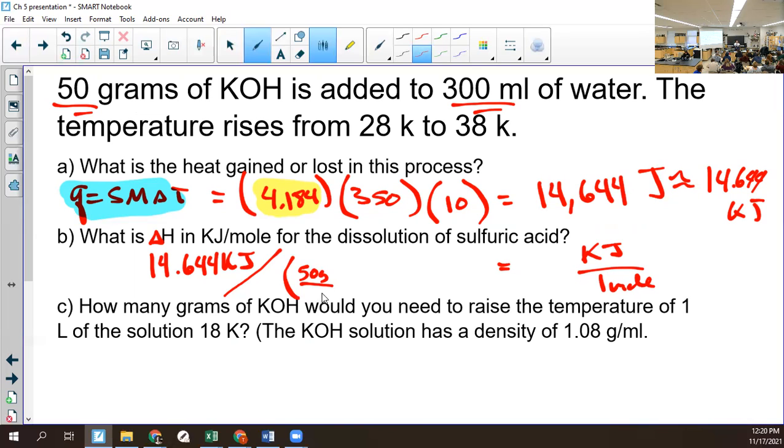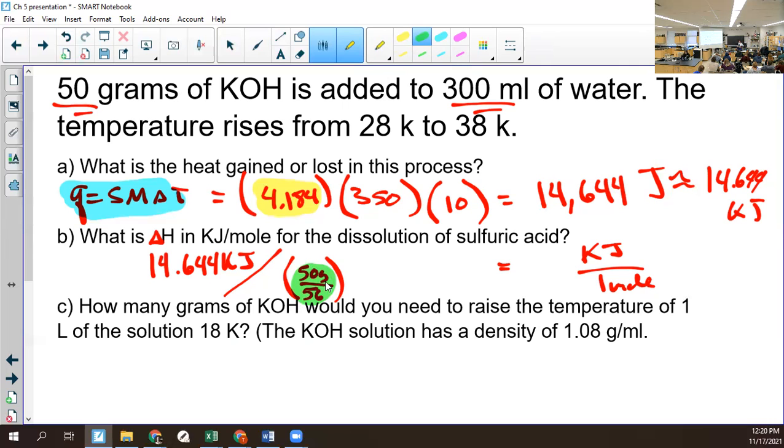It's 56, okay. What is this piece? I guarantee there are people lost right here. I'm finding the moles. I didn't have 1 mole of stuff. I had 50 over 56 of a mole, because I had 50 grams, but one mole is 56.